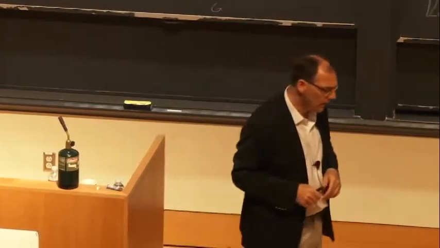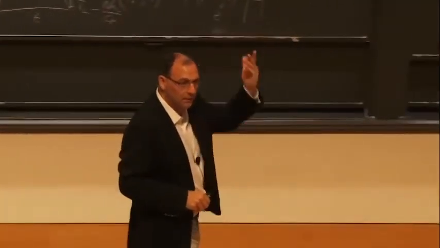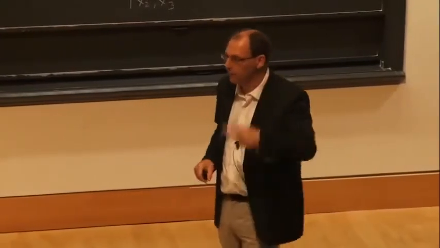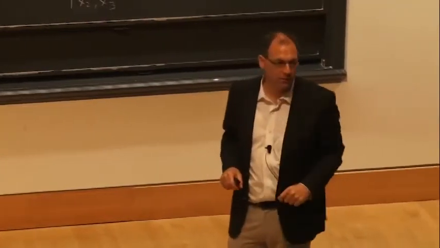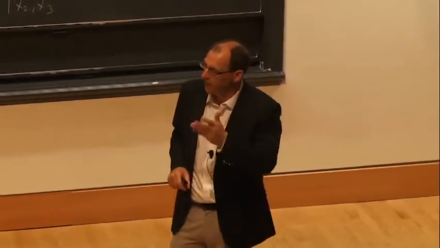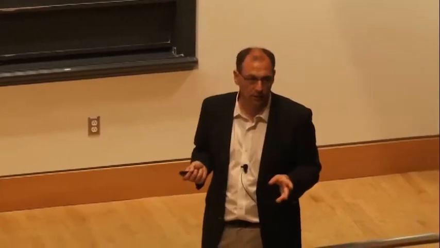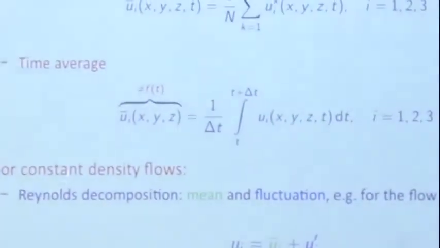If you have an unsteady process, like in an internal combustion engine, you would do your experiments 2,500 times, always doing one measurement, and then average over these 2,500 statistically equal realizations. That's your ensemble average. Ensemble average you can always do. Time average you cannot always do. So ensemble average is always good. Time average is sometimes easier to think about for some people.